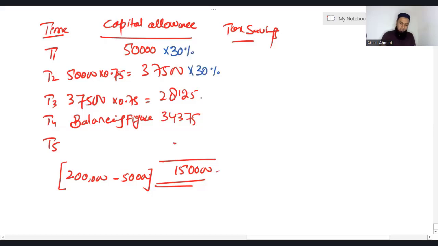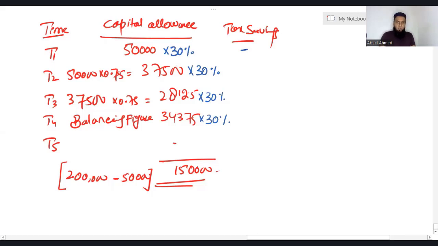So 50,000 multiplied by 30% gives you a tax saving of 15,000. But it is mentioned in the question that tax will be paid with a delay of 1 year. So logically, the T1 tax will be paid in T2. Since the first tax payment will arise in the second year, the first tax saving will also arise in the second year.